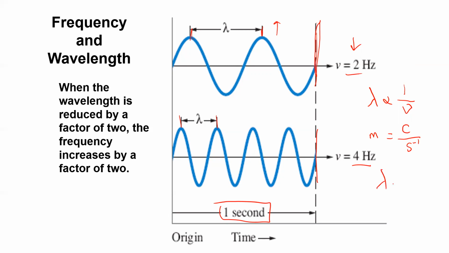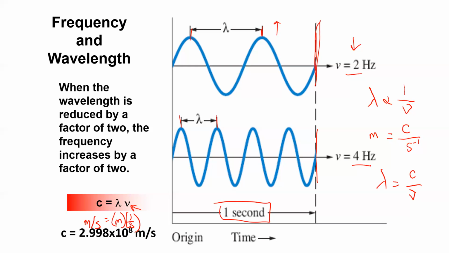Well, if we take a look, the speed of light is in units of meters per second. And again, if I look at wavelength, that was in meters. We said frequency was in hertz or 1 per second, which we see that the speed of light is meters per second. And there's that constant that we talked about.